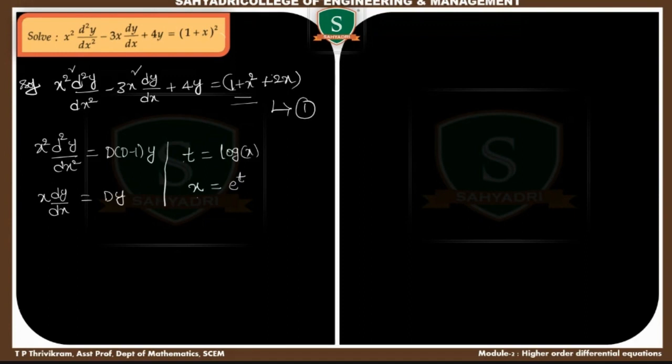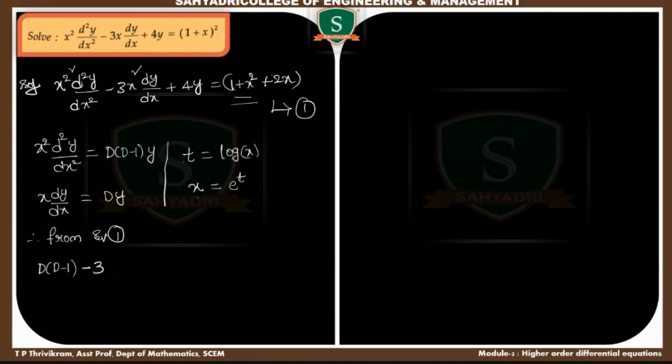Therefore substitute these values in equation 1. From equation 1, what happens? D into (D minus 1) into y, so that y I am taking common in all the terms, minus 3 into x dy by dx.